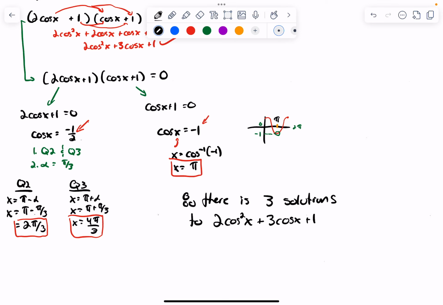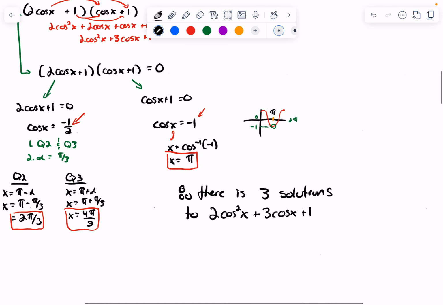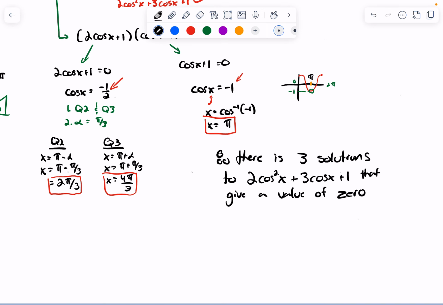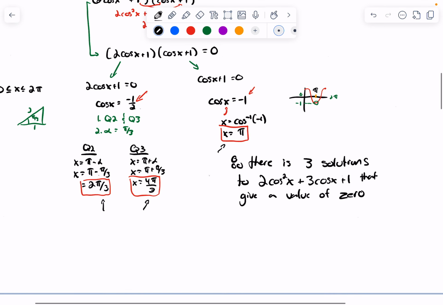There are 3 solutions that would give a value of 0, okay? So that means if you were to plot this on Desmos, you would see that at these x coordinates right here, your output, your y value, would be 0. That's what you just found. Okay.